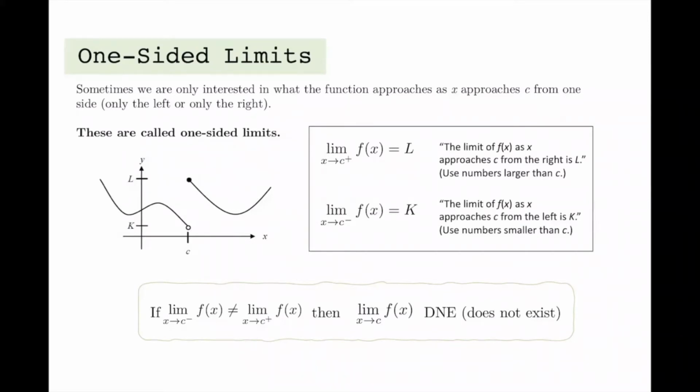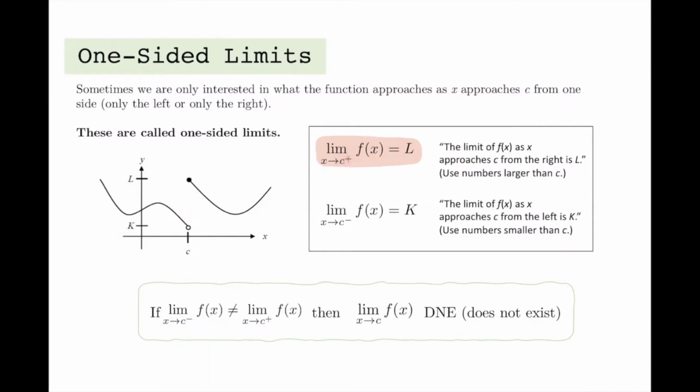We need to develop notation that will distinguish one-sided limits from two-sided limits. If we use the same notation, the limit as x approaches c of f of x, and say that that is equal to L, but we only want to talk about x approaching c from, say, the right-hand side, then we put a little superscript, like in the place of an exponent, a plus there.